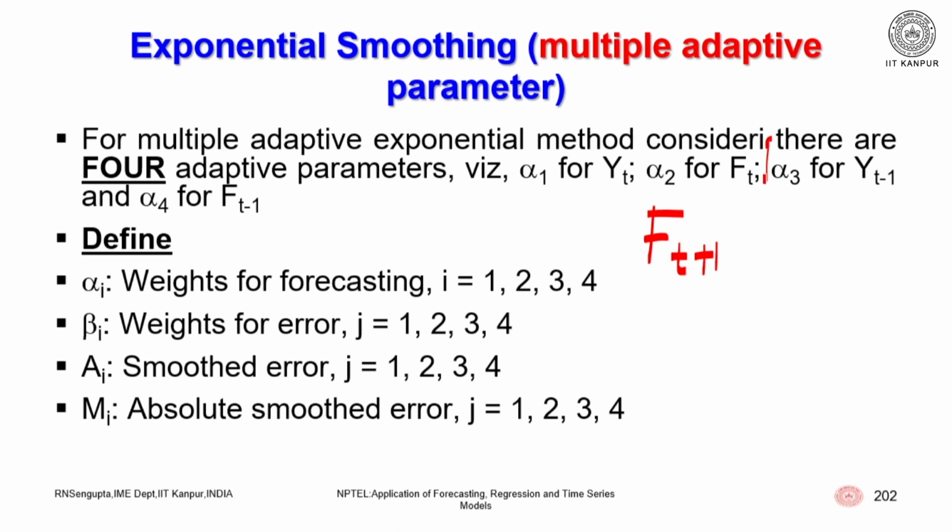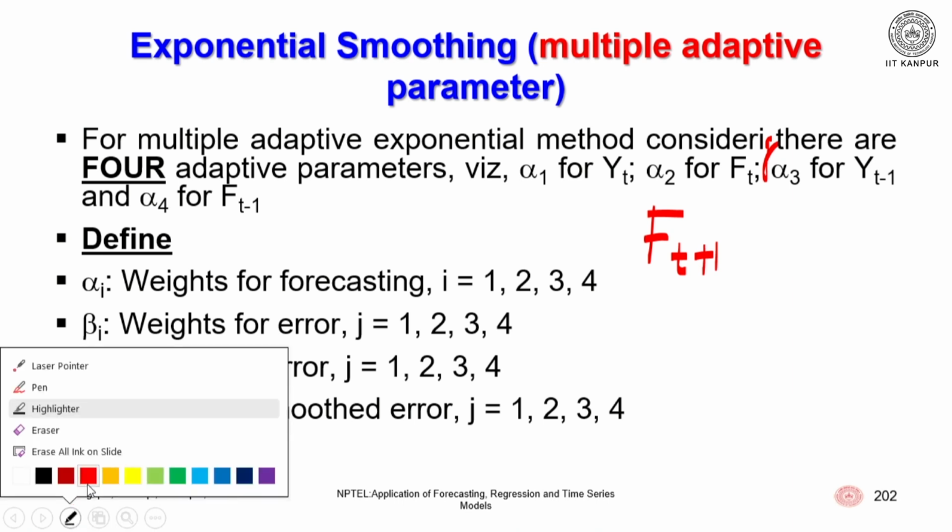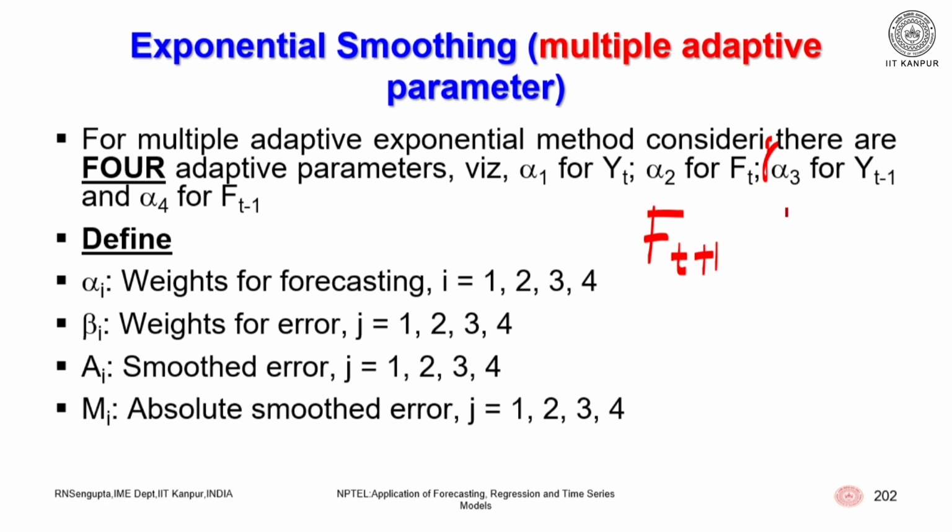For the multiple adaptive exponential smoothing method, considering there are 4 adaptive parameters, which are alpha 1, even though I have written alpha 1, later on we will replace that with alpha 1,t, because it is dependent on time. Alpha 1,t is for yt.